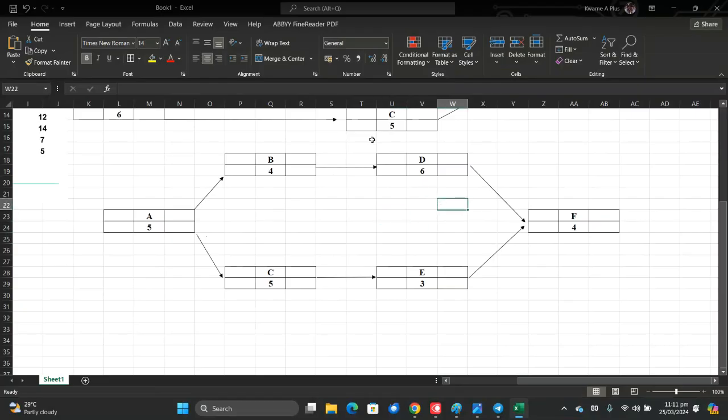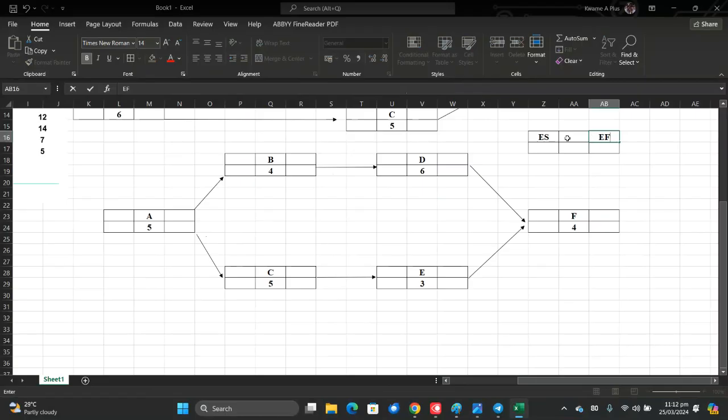And then it says, in each of the boxes, this is called the earliest start. This is called the earliest finish. This is the activity, and this is the duration.